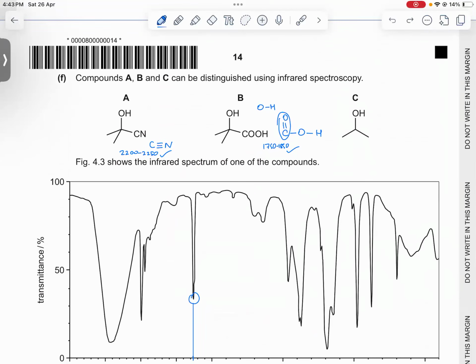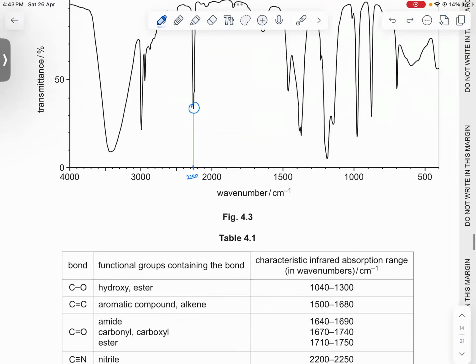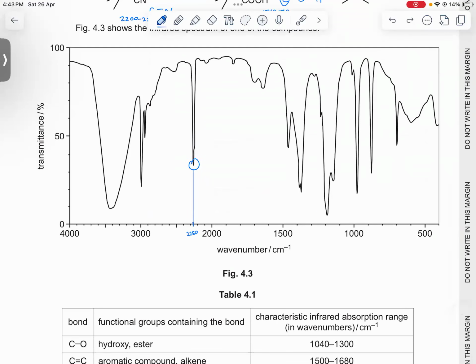Confirm it this way as well. 1750 to 1850 is absent. Look, 1750 to 1850 would be right here. This is 1750 and this is 1850. No peak between these values, meaning the carbonyl functional group is absent.